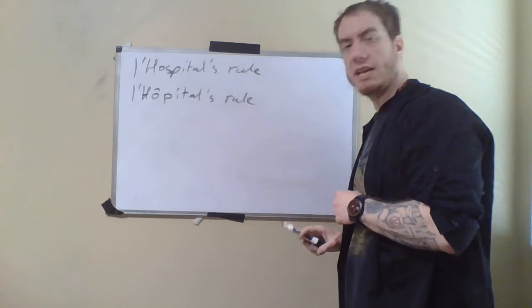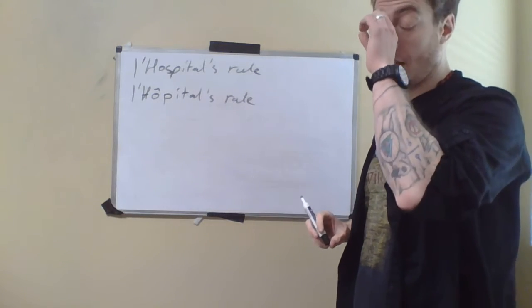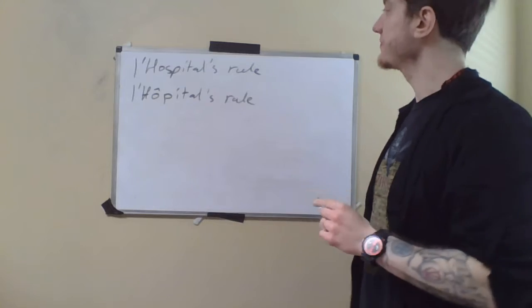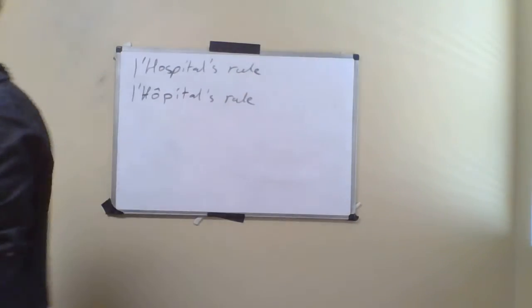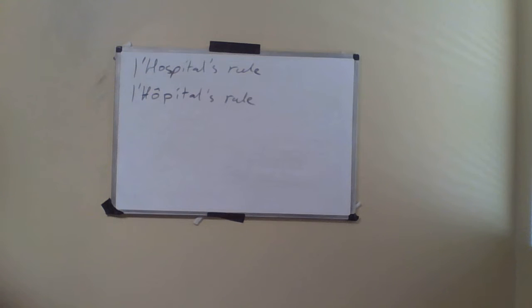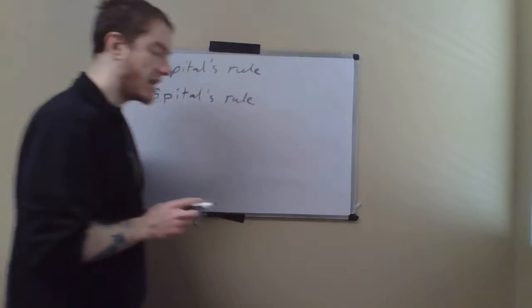Now, what is L'Hopital's rule and what do we do with it? Well, L'Hopital's rule is something that we can use whenever we're trying to find one of these limits and we already know how to take the derivatives.